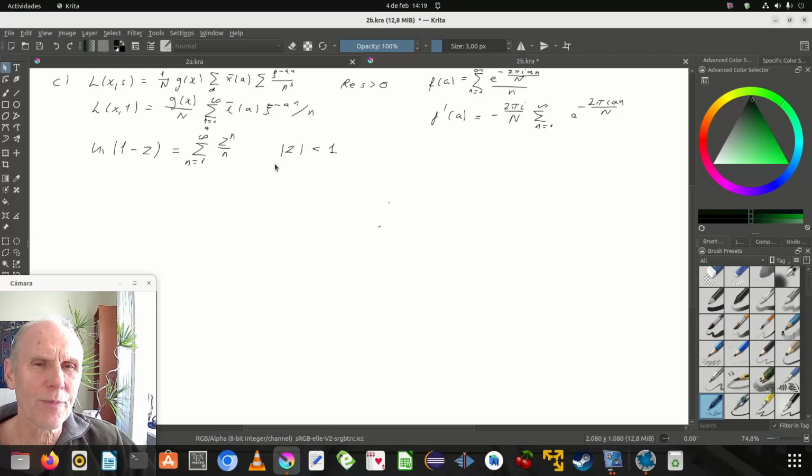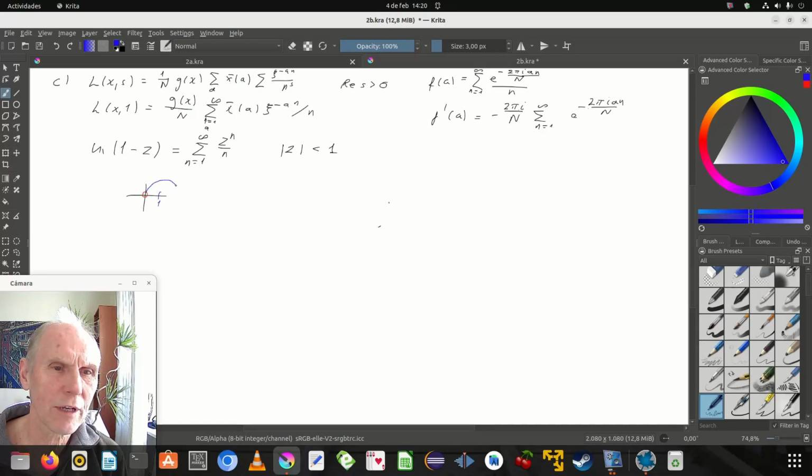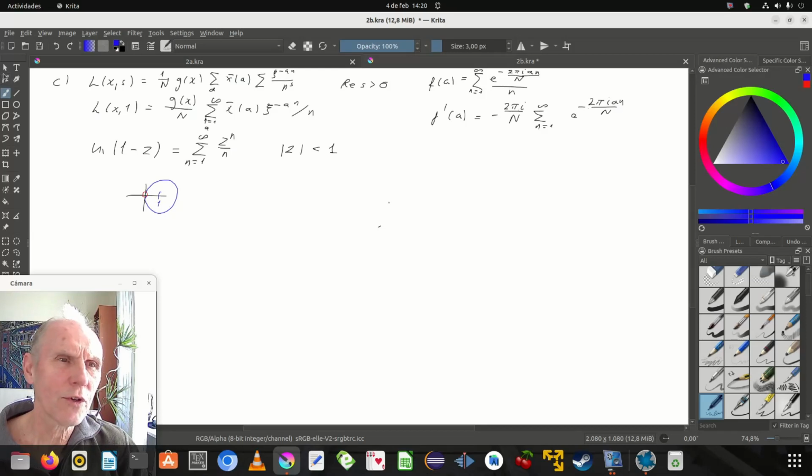Now, about convergence on the unit circle, I can't solve the problem. We of course have the essential singularity here. And then the disk has radius unity. So it converges absolutely within the disk. And apparently it converges conditionally on the boundary, but I can't prove it.